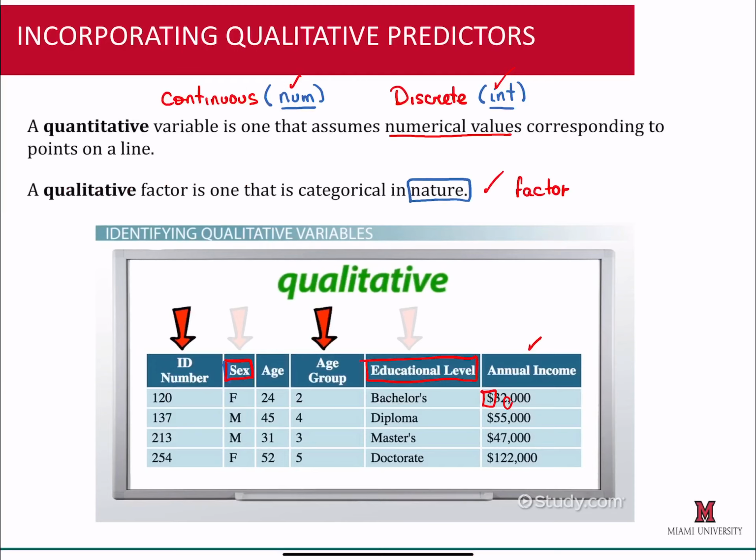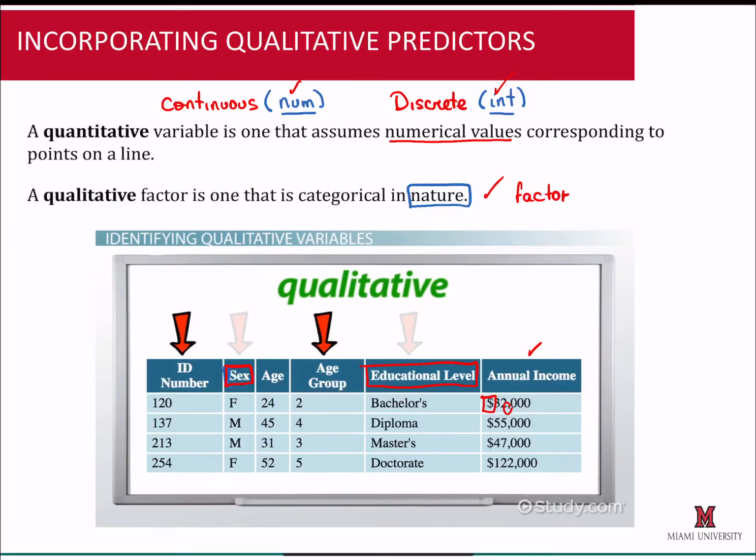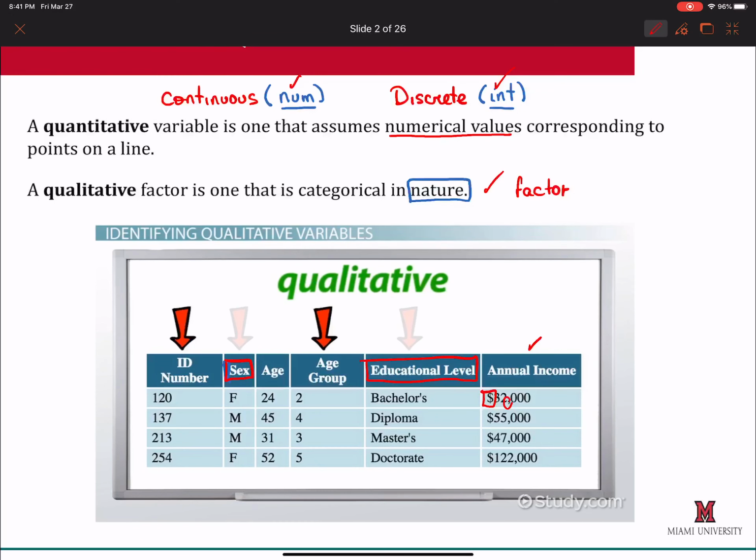It is extremely important that before we analyze a given data set, we recognize if the variables actually have the right type.